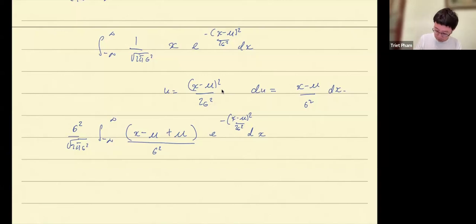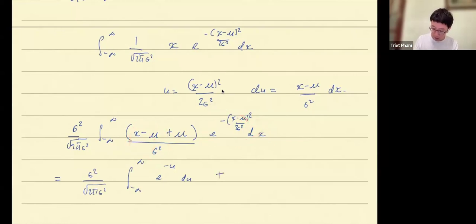Okay, so this part is du. So it's going to be sigma squared over square root of 2 pi sigma squared, e to minus u du. That's this part.